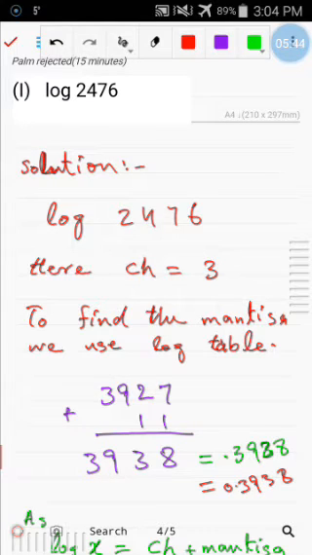We move the decimal point from here to here, to the left side, 3 place values. So the characteristic of this number is 1, 2, 3. The characteristic of this number is 3.